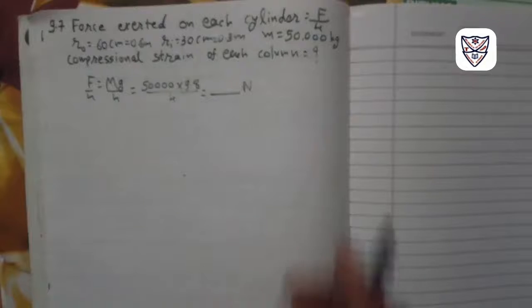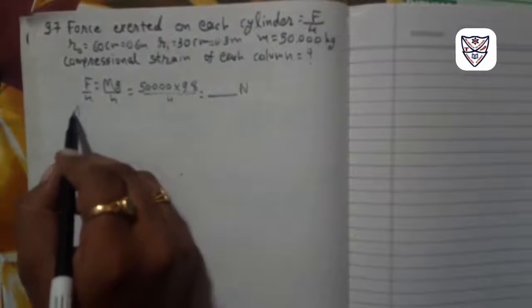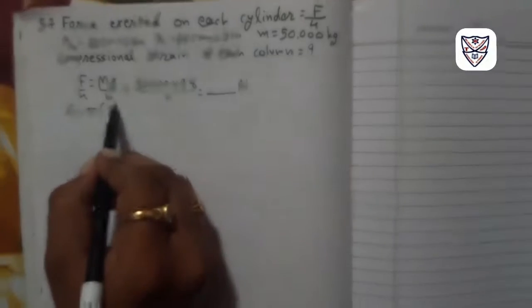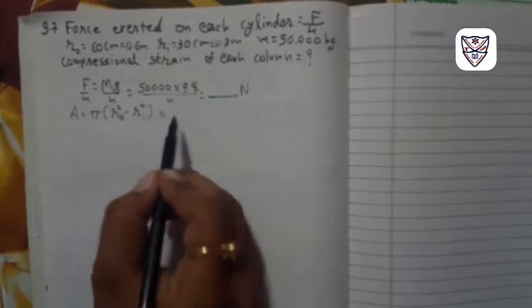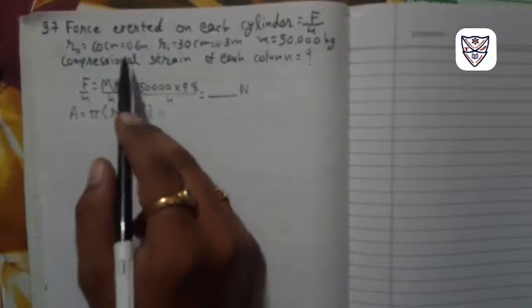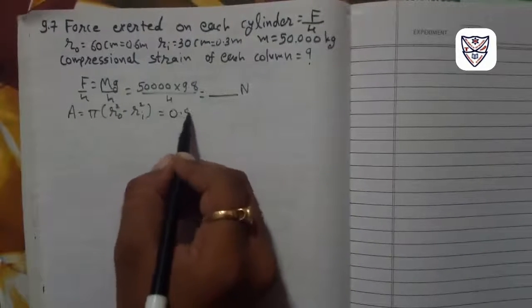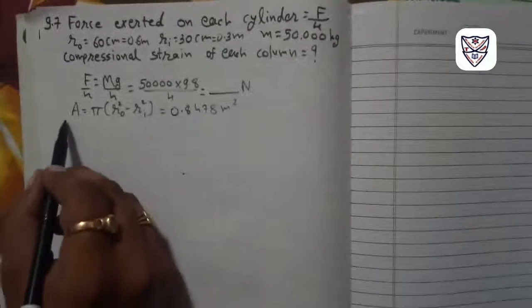Now to find that compressional strain, we have to find area. So area is pi into outer square minus inner square, Ri square, right? By putting all the values for outer and inner, we get 0.8478 meter square.